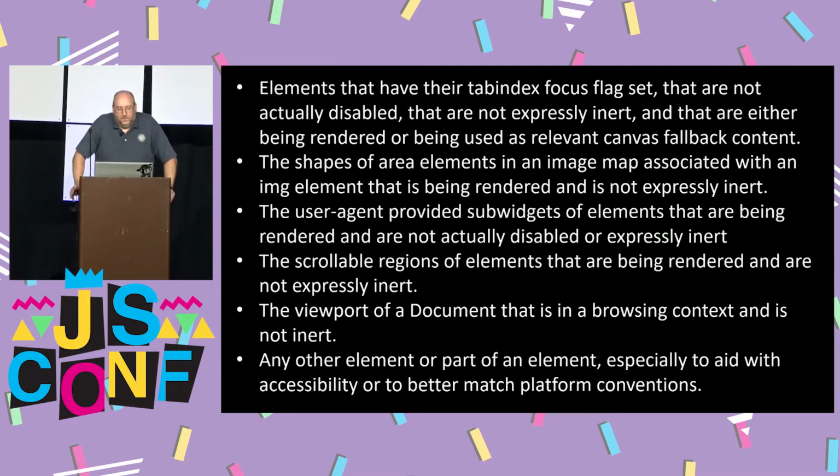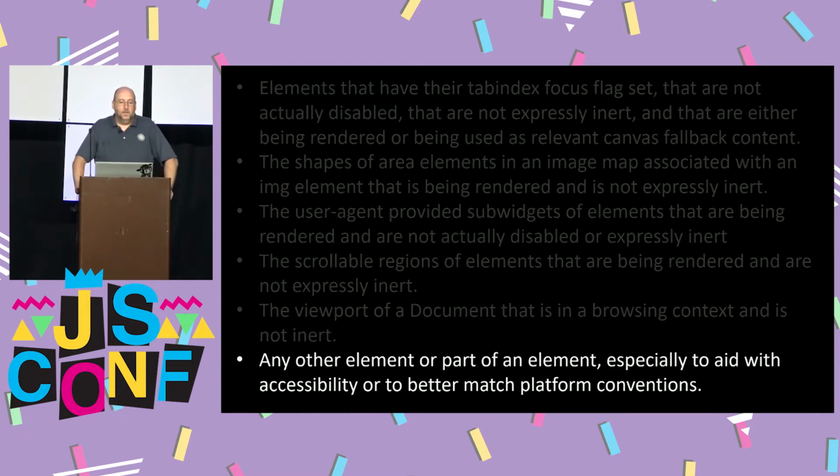Honestly, if you just look at it, it's complicated and confusing. And even if you read the whole thing and get down to this last line right here, this basically says that browsers can make anything they want be focusable or not at any time. So trying to determine what is focusable is not something we really should be in the business of doing as developers.